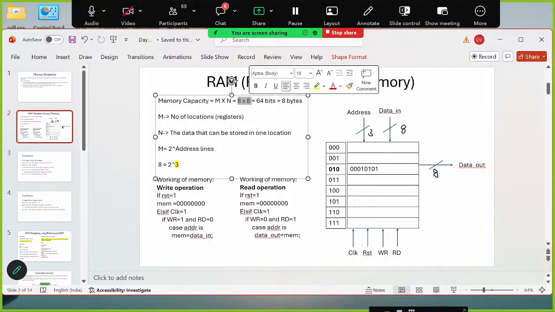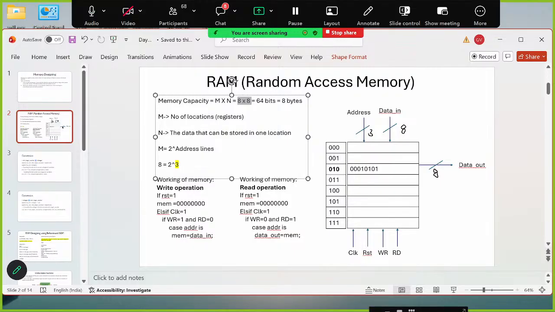I need to create an array variable over here. There are 8 locations, and every location can store 8 bits of data. So a variable which can have this array type of nature.